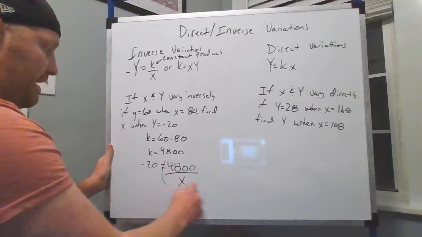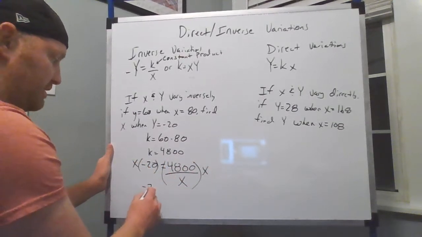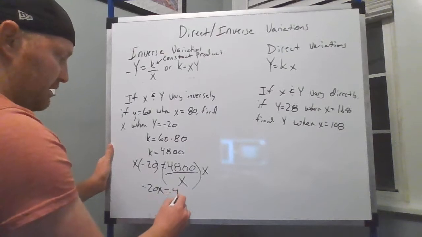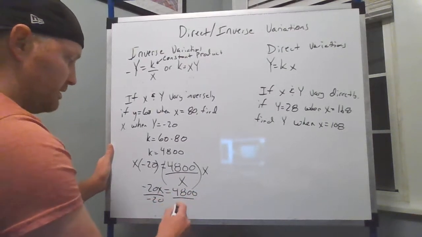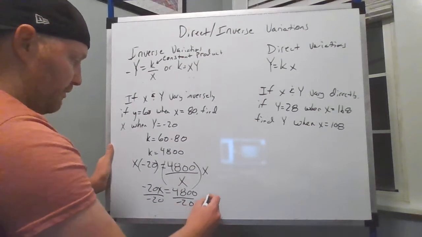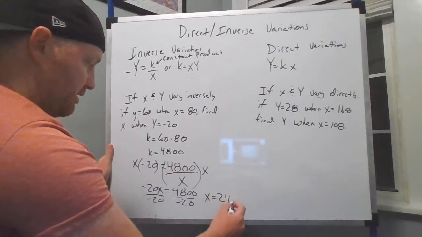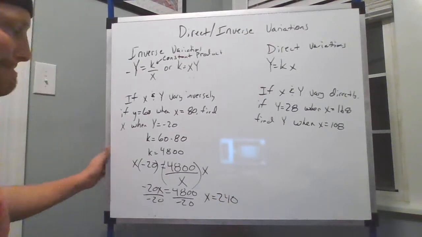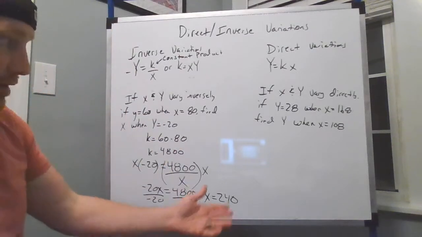We have to multiply the x out of the denominator because you've got to do that. Now this says -20x equals 4,800. And now just divide both sides by -20. And x equals 240. There you go. That's all she wrote, and you're done.